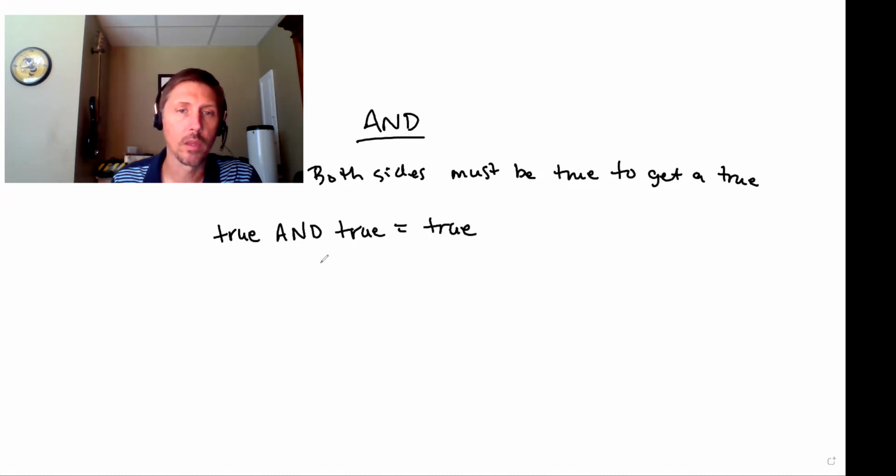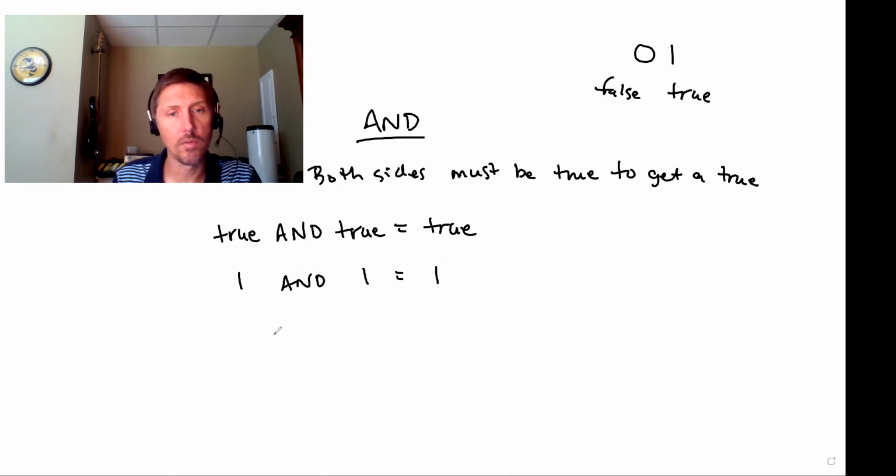Remember what I said, the computer's thinking zeros and ones, and that could be thought of as false and true. And so we could rewrite this: 1 AND 1 equals 1, because both of those are true.